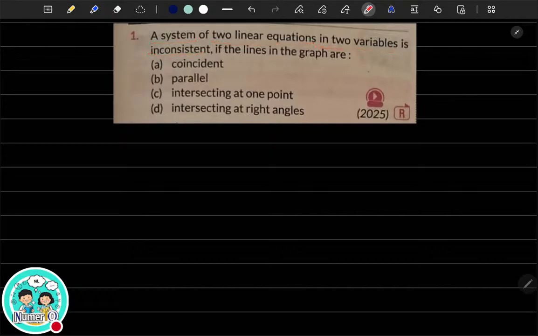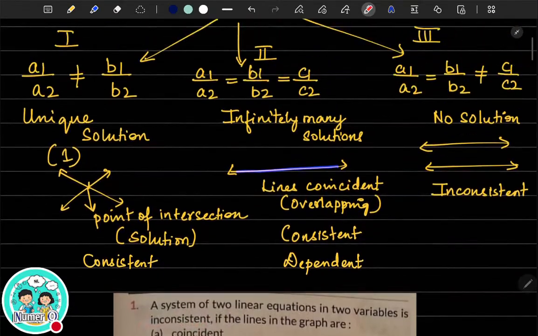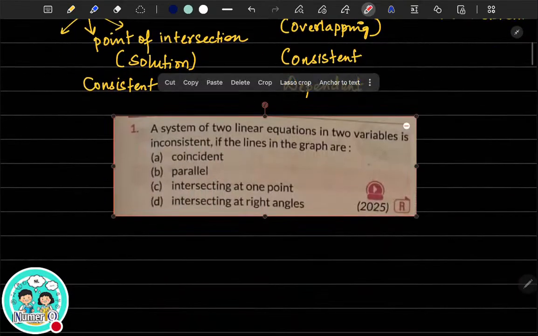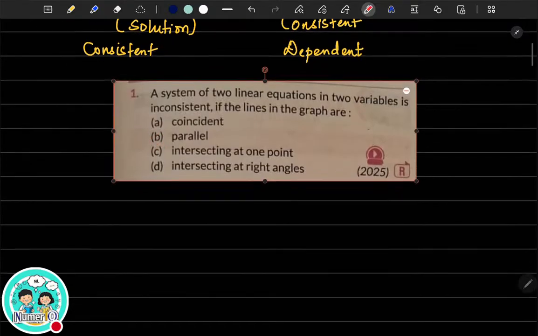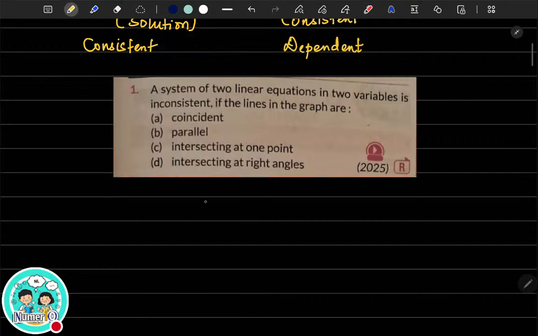What would be the answer? If it is inconsistent, that means it has no solution. So it is the third scenario, right? The lines will be parallel to each other. Correct, absolutely right. So the answer is B, that is, the lines will be parallel.